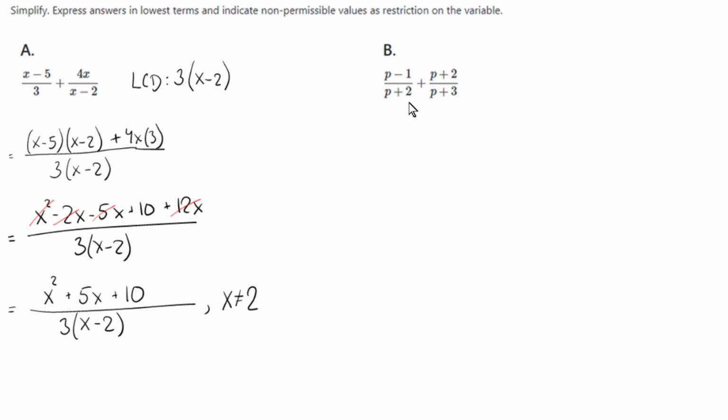In B, again, we need to find the lowest common denominator first. We can do that by simply multiplying the two binomials that are in the denominator. So p plus 2 times p plus 3. We put the expression on a common division line with the lowest common denominator.